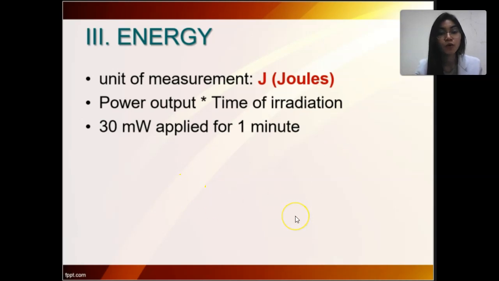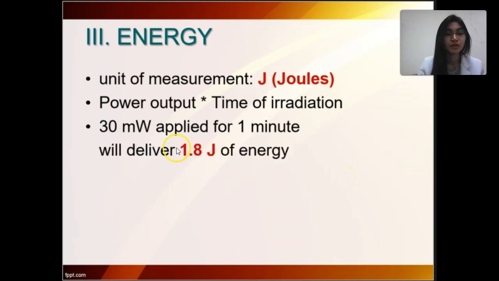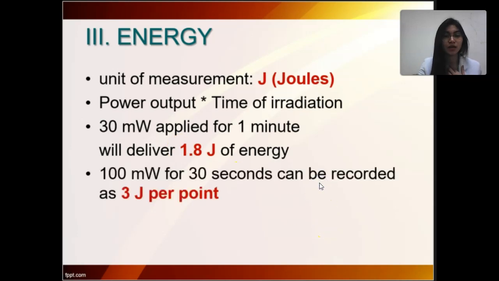Let's see if your computation is correct. This will deliver 1.8 joules of energy. So why 1.8? If you remember, your power output in the computation for energy should be in watts.